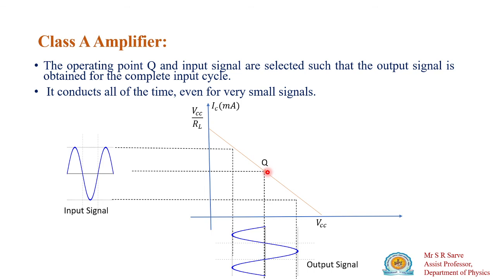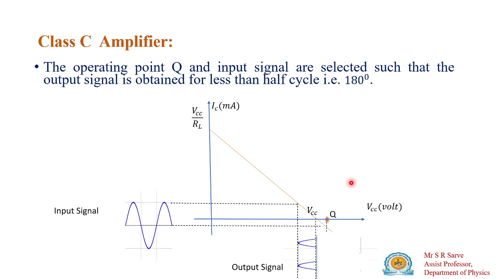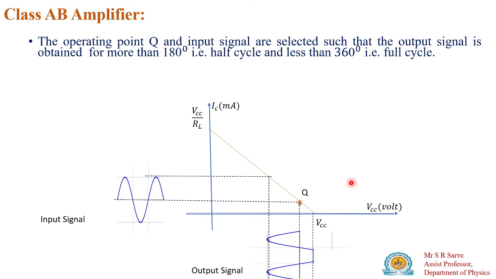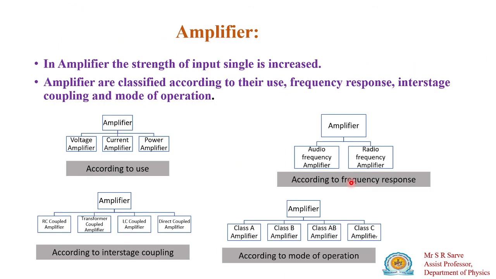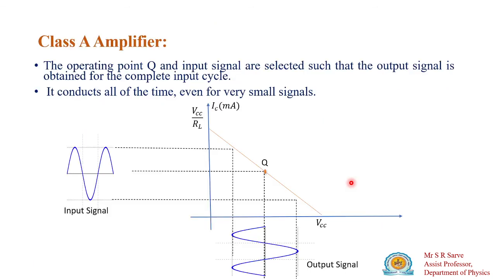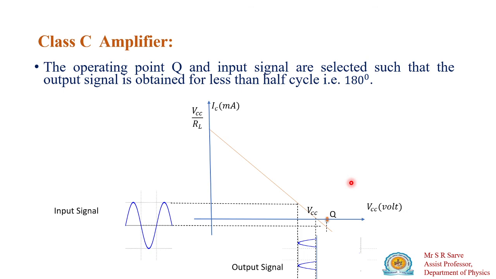So depending upon the position of the operating point and the input signal, if you provide it to the amplifier, it will act as a class A, class B or class C amplifier. So this is about the amplifier and its classification: class A, class B, class AB and class C amplifier.